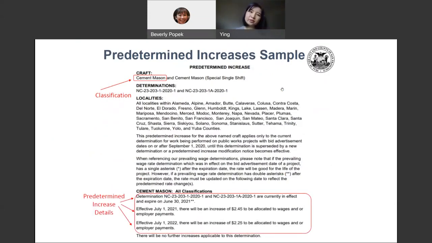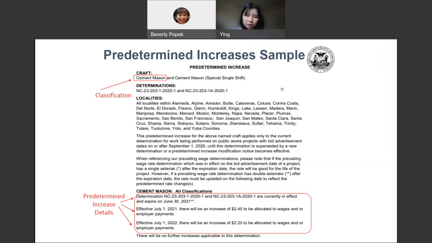So if we click to the increase, this is what it looks like. And this is a sample for a cement mason classification. So on the bottom of the page, you see that there are several increases throughout the project time.